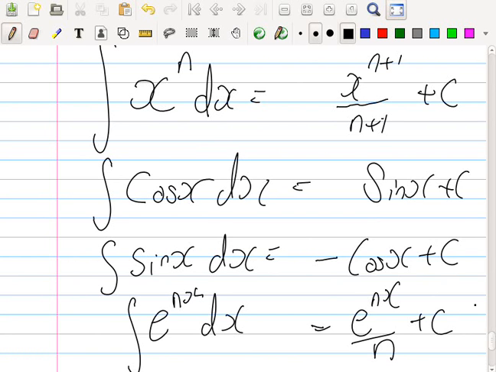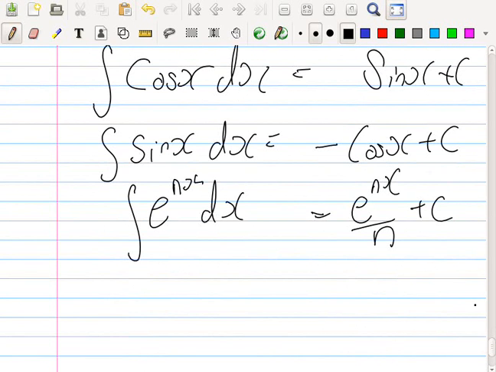Okay. Does anybody remember the derivative of tan x? 1 over cos squared x. So therefore the antiderivative of 1 over cos squared x is tan x.